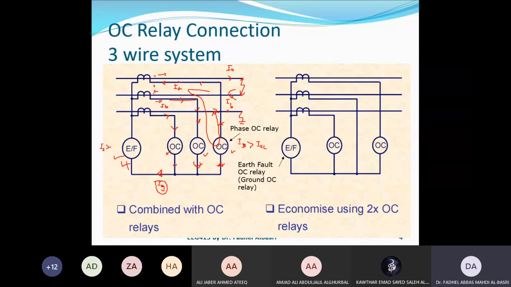So we said it should be greater than 20%, okay, of I full load, or sometimes 30% is enough. So why 20% higher? Just to make sure that during normal operation, with normal imbalance in the system, I have a current here which does not represent a fault condition, but is a normal current that will flow due to the allowable degree of imbalance in the system.